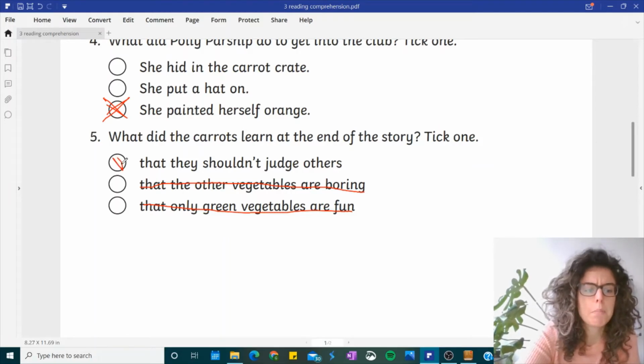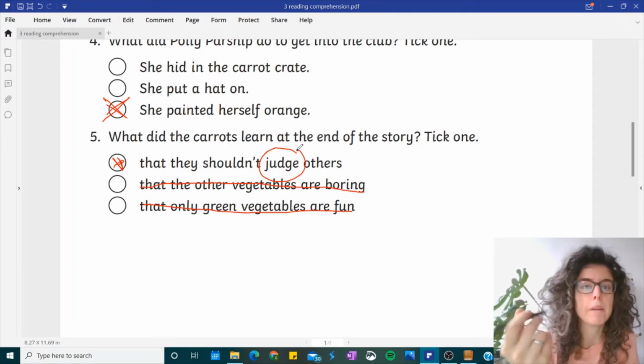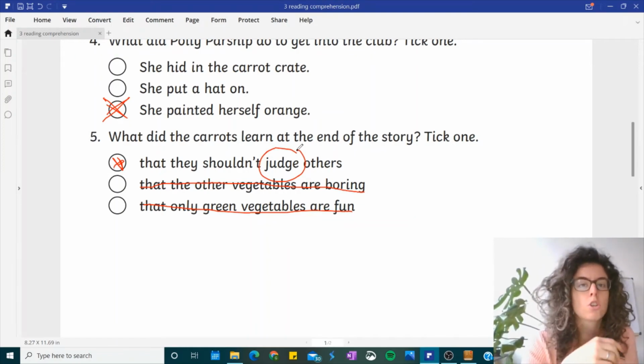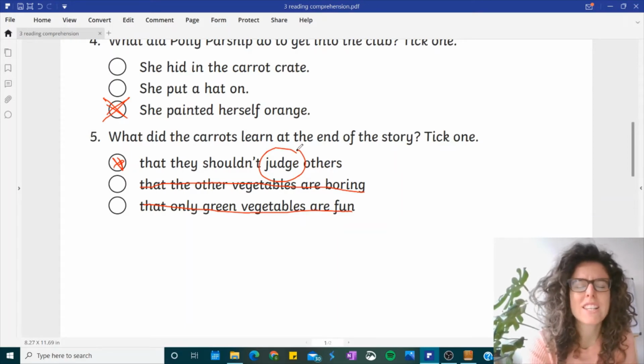Do you guys know what it means to judge others? This word judge is like when you look at someone and before you talk to them, you already think you know them. So maybe you look at a friend who has a really messy desk, and you think, oh, their desk is so messy, they must not be a nice person, or they must be really messy at lunch too.